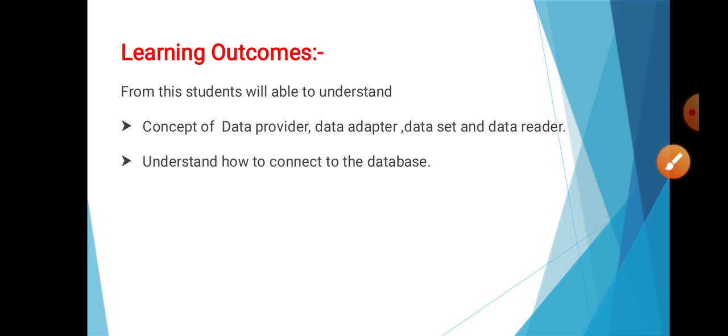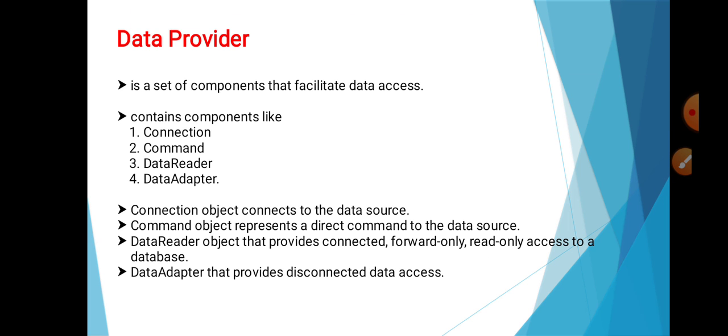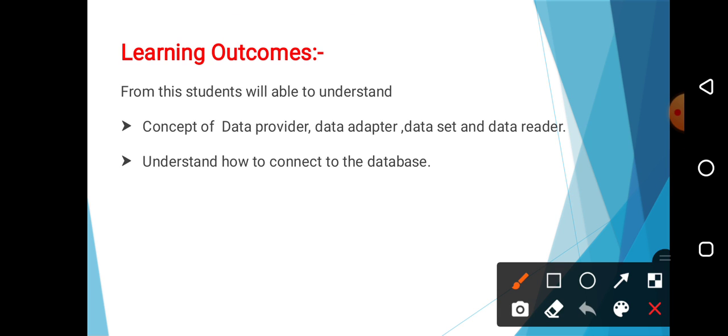By watching this video, you will be able to understand different concepts like data provider, data adapter, data set and data reader. Students, these are the components of ADO.NET. We have already learned ADO.NET in the first part.